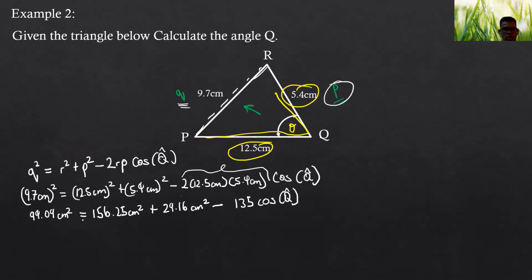So we can add these two. We still have our 94.09 centimeters squared equal to 156.25 plus 29.16, which gives 185.41, and this is still being subtracted by 135 cos Q. This is still centimeters squared, by the way.